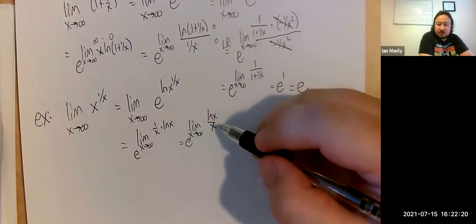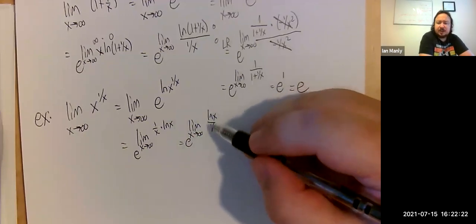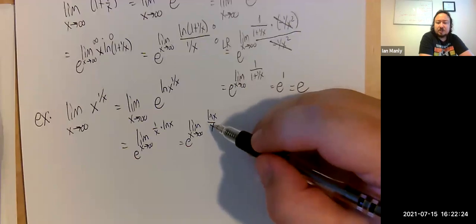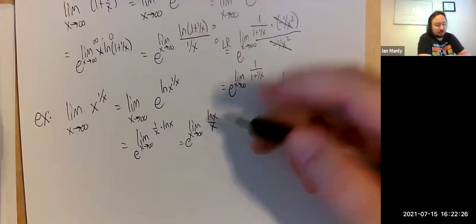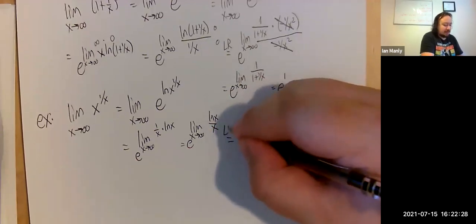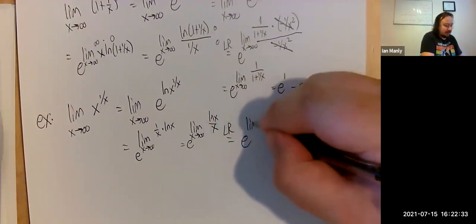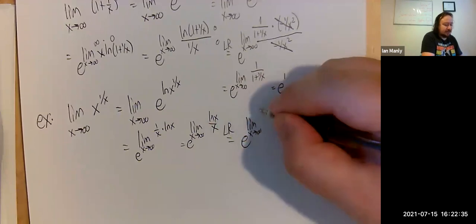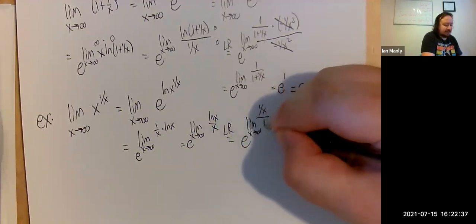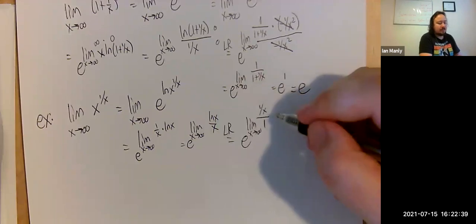All right, now this is rather nice because this is an infinity over infinity indeterminate form, meaning I could use L'Hopital's rule. So using L'Hopital's rule, I end up getting e to the limit as x goes to infinity of 1 over x divided by 1.